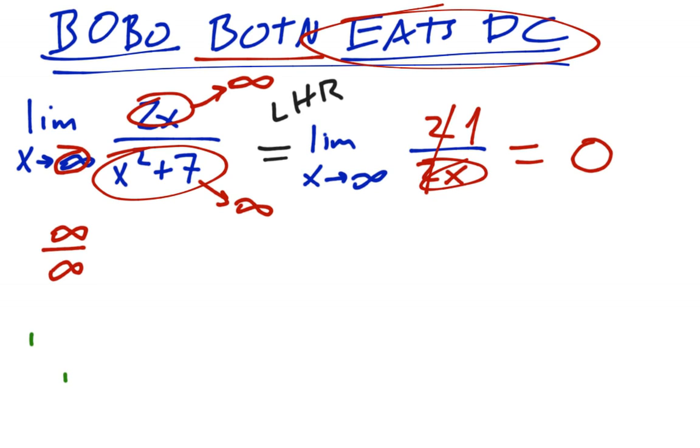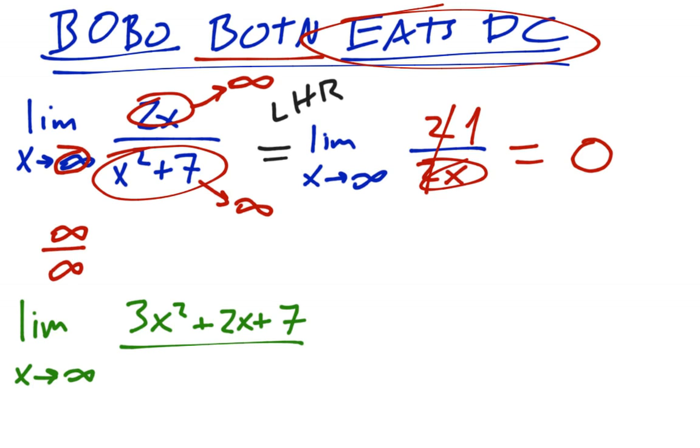So let's say that we have the limit as x approaches infinity of 3x squared plus 2x plus 7 divided by x squared minus 18x minus 49. I just made up numbers. They look snazzy. Let's check to see that we can, in fact, use L'Hopital's rule.